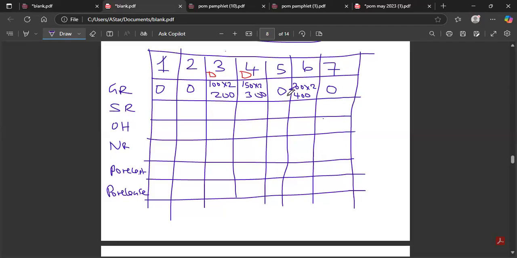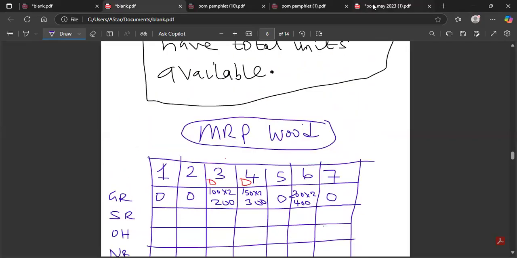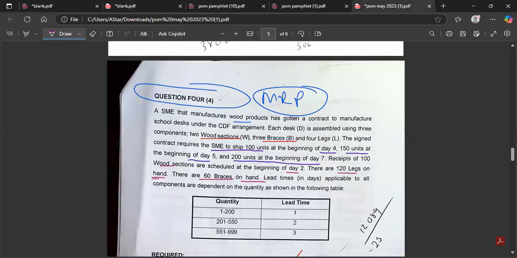So what do we do now? You check the information from the question. For the wood, what are they telling us? The receipts of 100 wood are scheduled at the beginning of day 2.